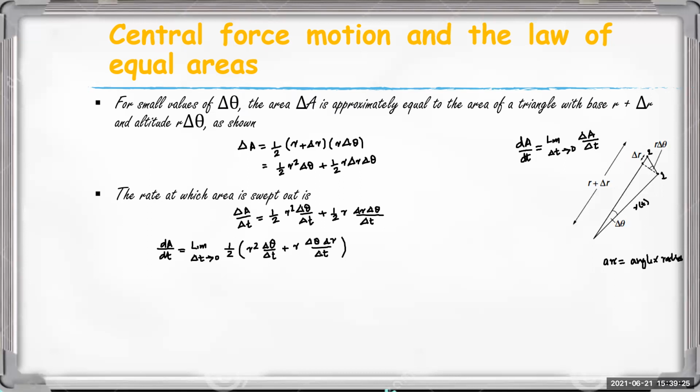Here, when delta t turns to 0, the contribution from the second term will be negligibly small.